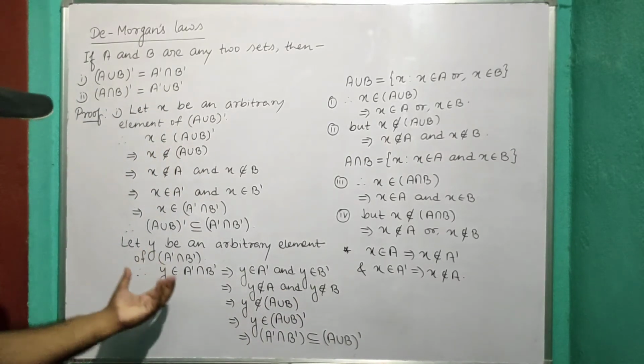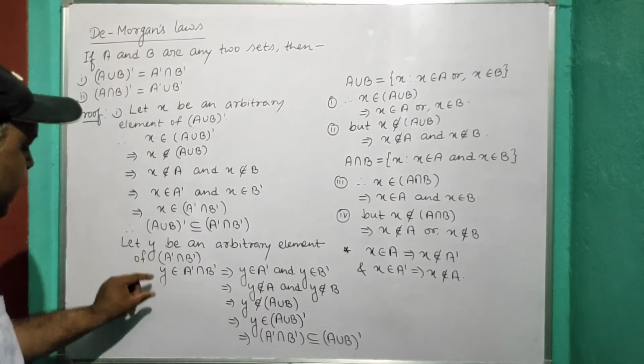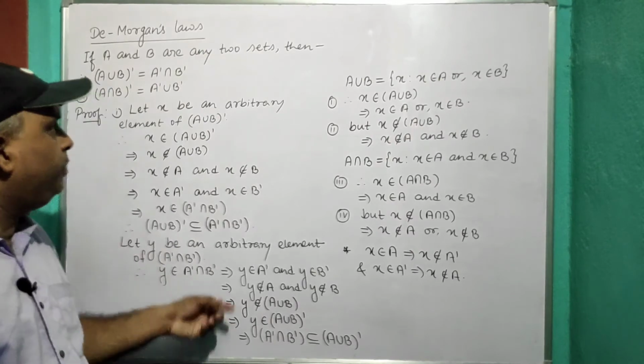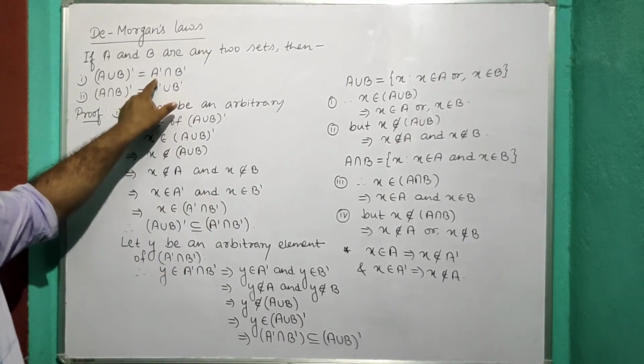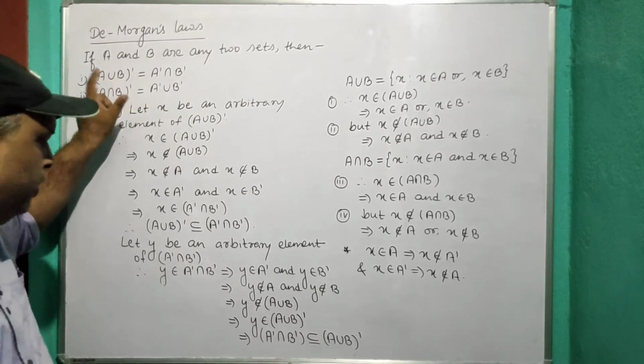So once again second part देख लो. In this I have taken one element y which belongs to A dash intersection B dash, and we have to show that this same element belongs to (A union B) whole dash.